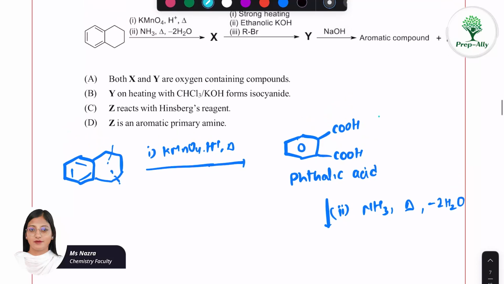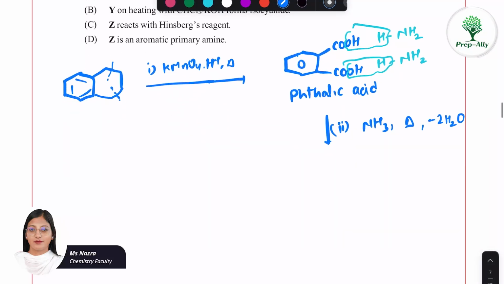Just remove H and NH2, this water molecule will be removed from here. C double bond O, NH2, C double bond O, NH2.